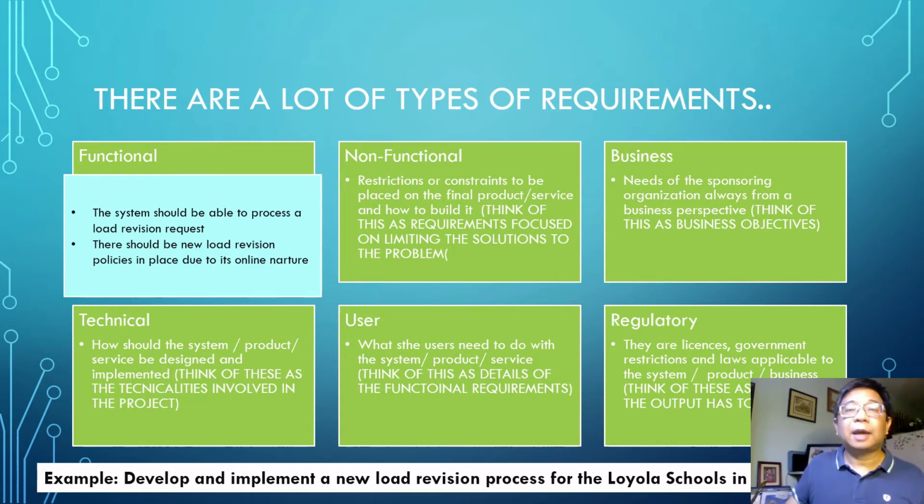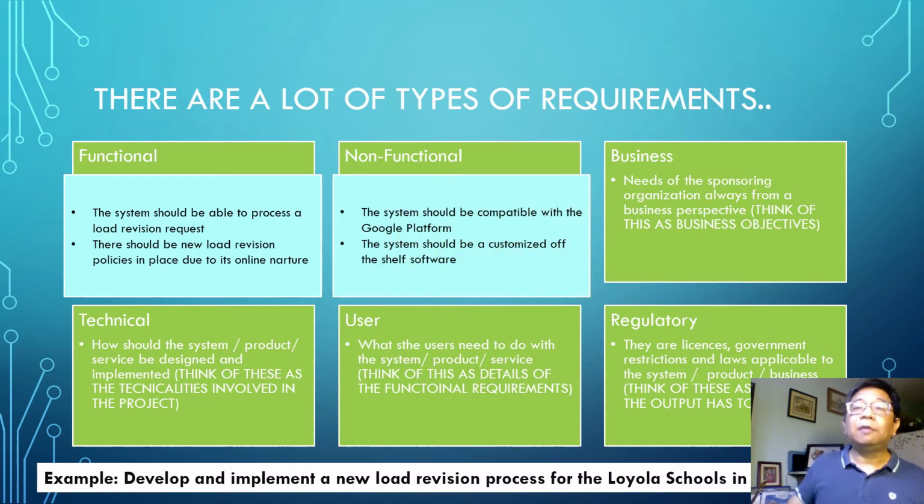For this example, the non-functional requirements could be the system should be compatible with the Google platform. And with that non-functional requirement, it's not about the features of the system, but rather it is a way to limit potential solutions. So if your load revision system that you are thinking of is not compatible with the Google platform, it's already out. Okay?